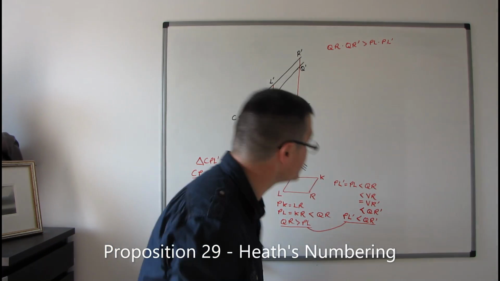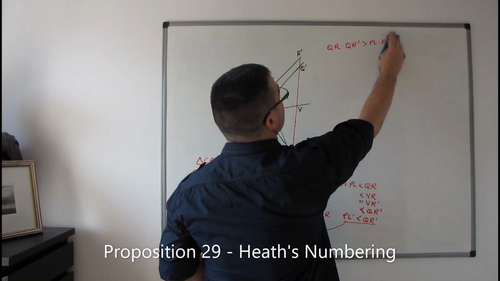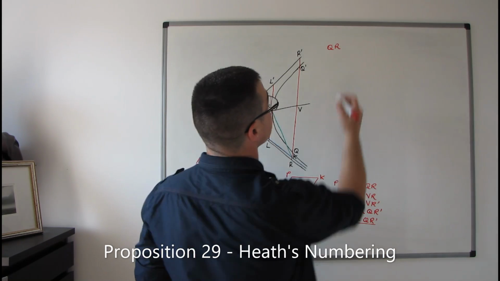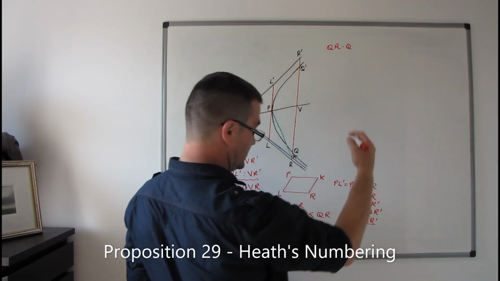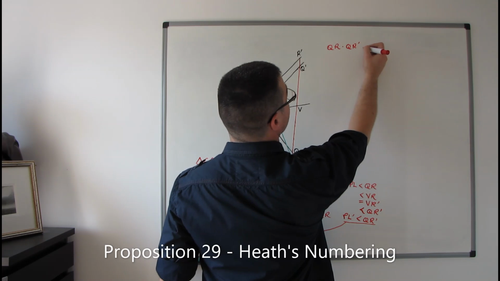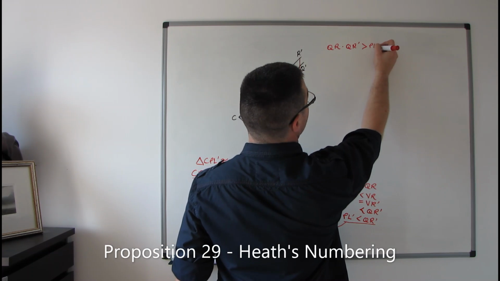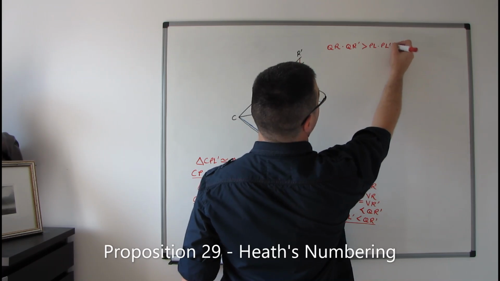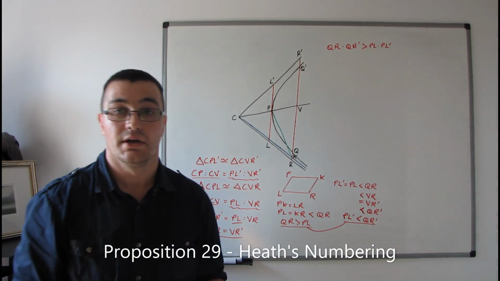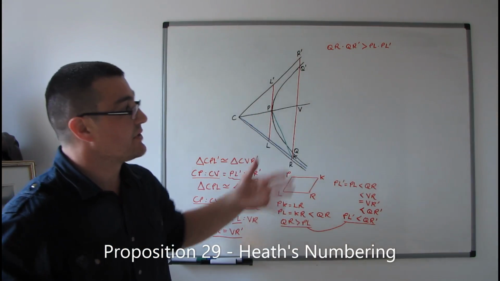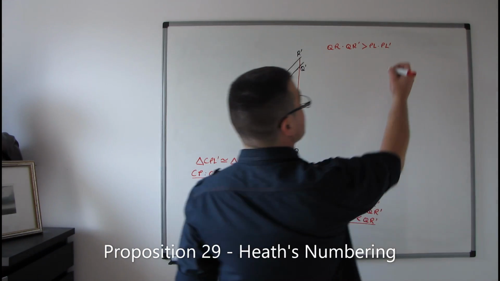It's looking a bit wonky, isn't it? QR times QR primed is greater than PL times PL primed. I don't know if that's any better. But PL times PL primed is just equal to PL squared.